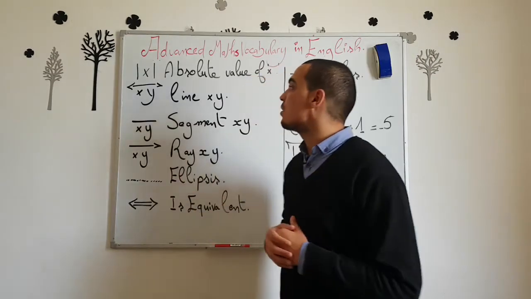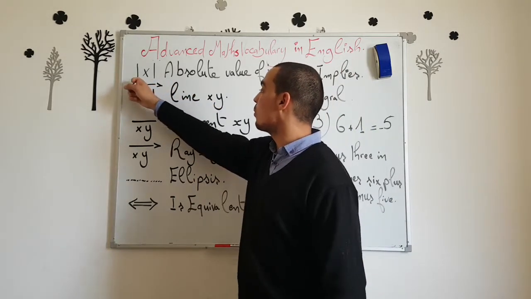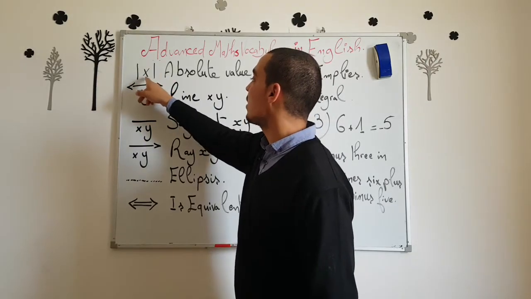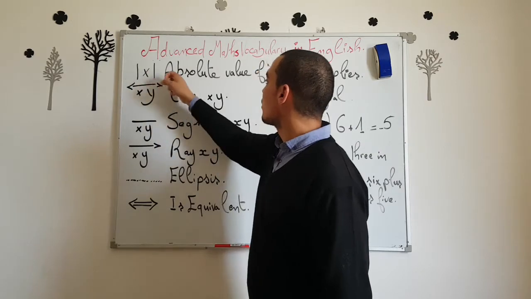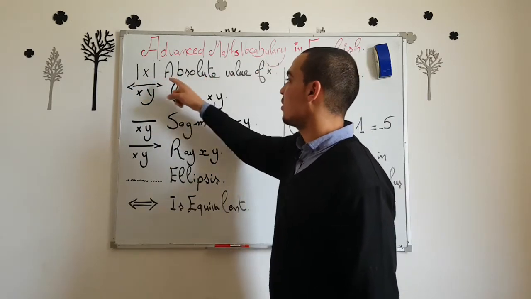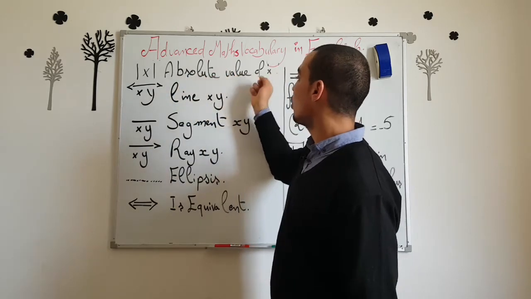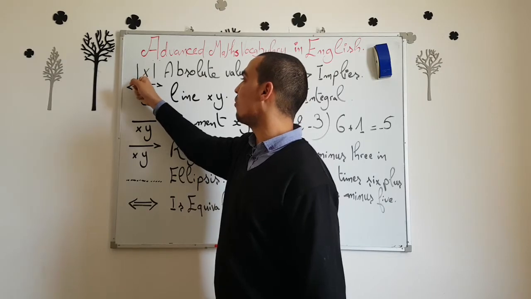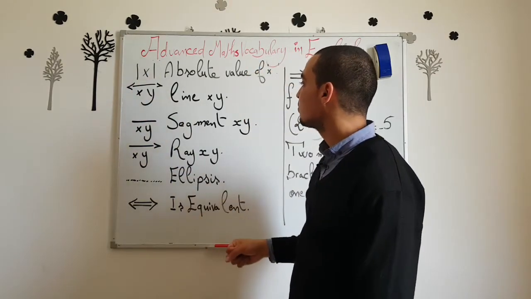And here we have some additional important symbols, okay? Starting with the first one, these two vertical lines with a number in the middle mean the absolute value of the number inside, and here we have the absolute value of x.